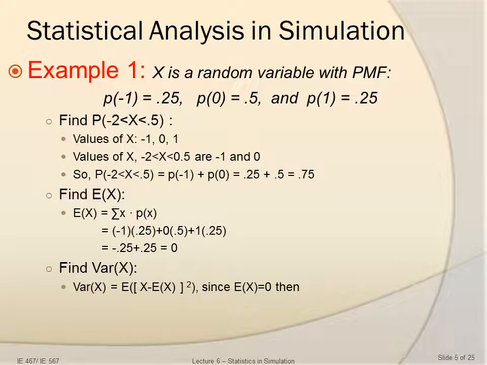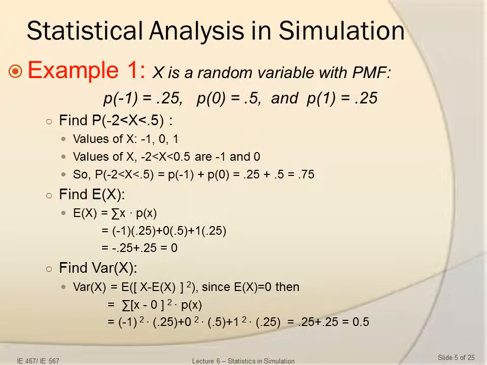Now we can find the variance. We use this formula, and since the expectation of x is 0, it simplifies to just finding the expectation of x squared. Again using the formula for expectation, we take it as the expectation of x minus 0, squared. So we look at the x value of -1 minus 0, square it, and multiply it by the probability of -1, which is 0.25.